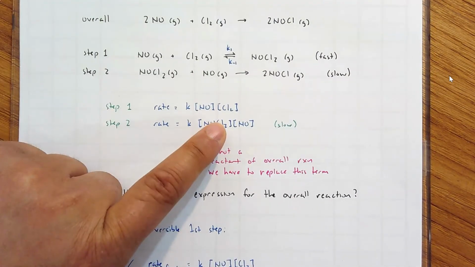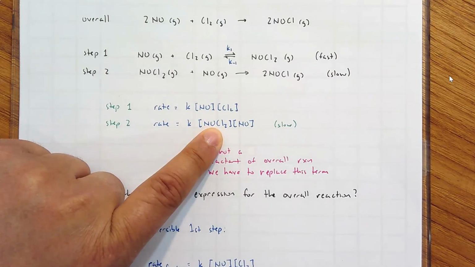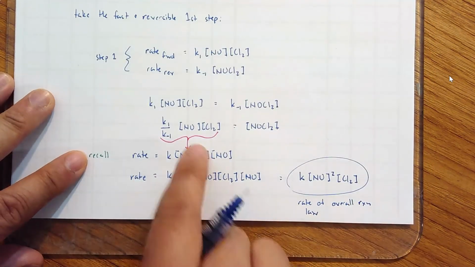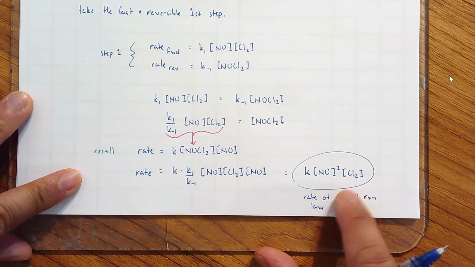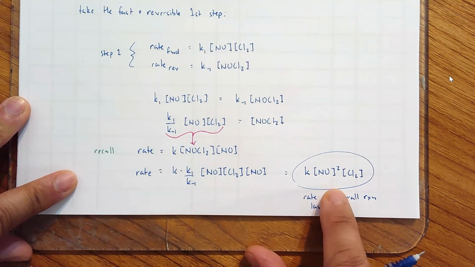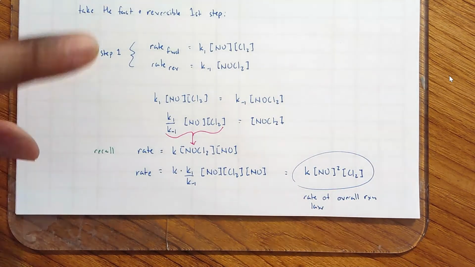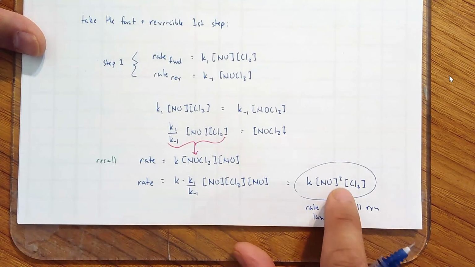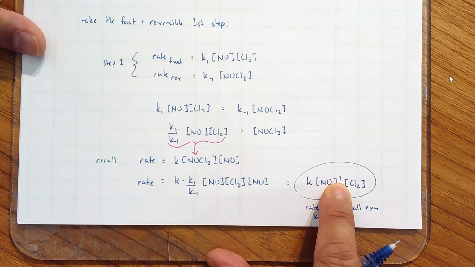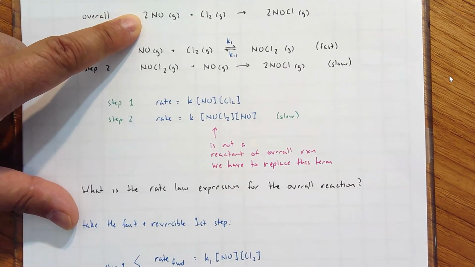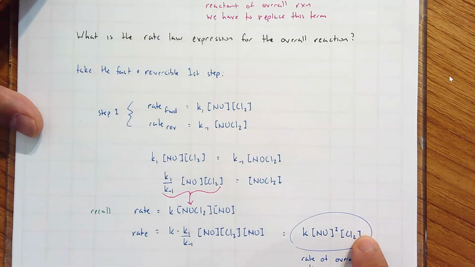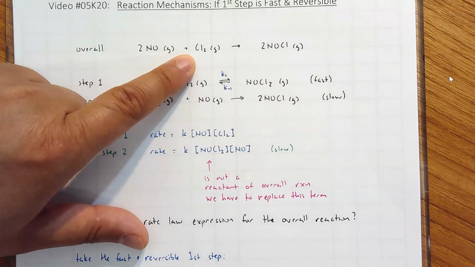And by replacing that concentration with this here, we were able to get the rate law expression of the overall reaction. Now, yes, those of you who have eagle eyes notice that the exponent 2 is the same as the coefficient 2. And the exponent 1 is the same as the coefficient 1.